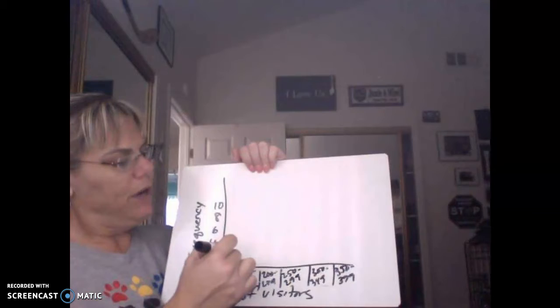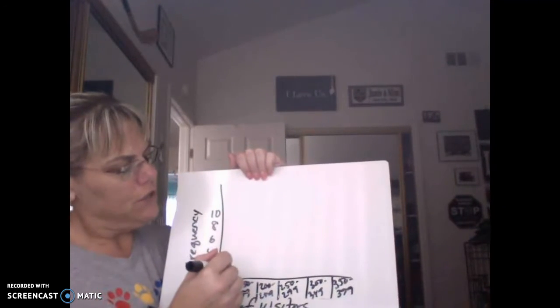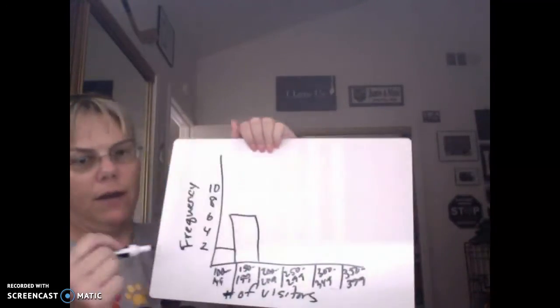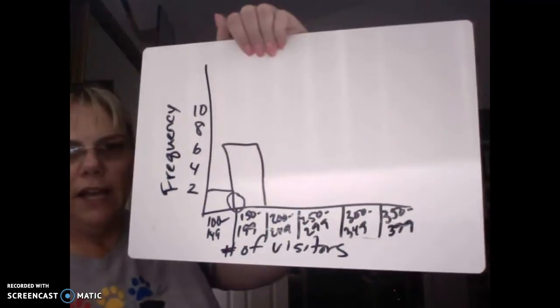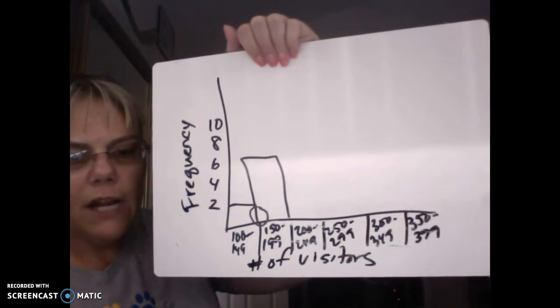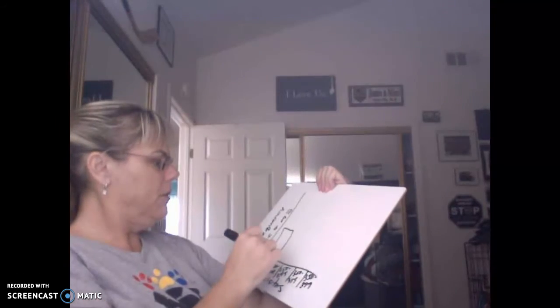With a histogram, your bars have to touch each other. So this is going to come all the way up to 7, which would be about right there, right? See how my bars are touching right here? They have to touch. Then my next one will be 200 to 249. That was 8, so I'm going to go up to 8.